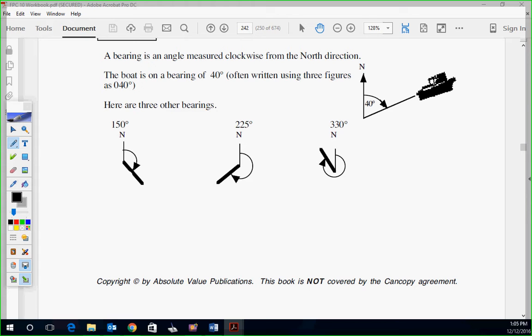So here are other bearings. 150 would be 90 plus 60, so that's this direction, essentially southeast. 225 is southwest, 330 is northwest. So that's your bearings in terms of degrees from north. You start at north and go the degrees it says from that spot. So what direction would 190 be?